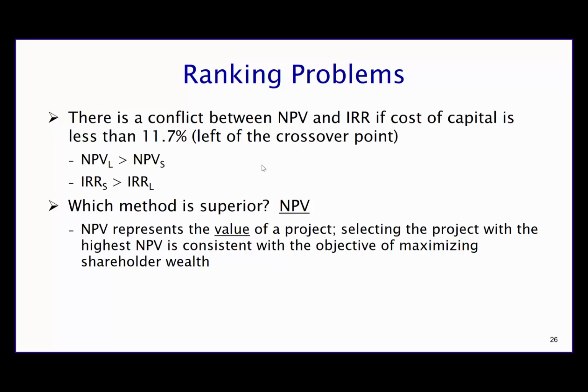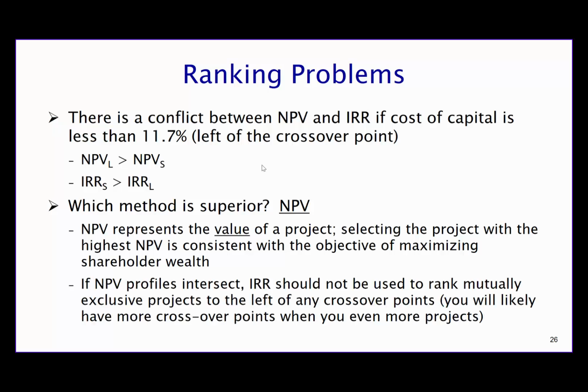Selecting the project with the highest NPV is consistent with the objective of maximizing shareholder wealth. If the NPV profiles intersect, IRR should not be used to rank mutually exclusive projects to the left of any crossover points. And rather than graphing out just to determine whether we're to the left of that intersection, that crossover point, I would just say don't use the IRR. Just use NPV when you have mutually exclusive projects.